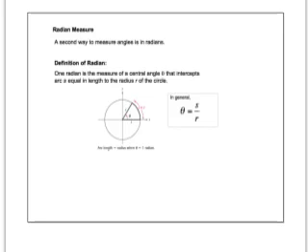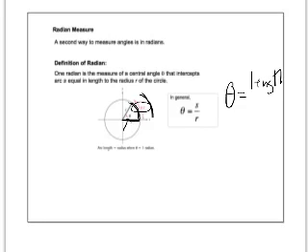1 radian is the measure of a central angle, theta, that intercepts the arc, S, equal in length to the radius. Again, it's showing you this radius, and you notice they're showing right here on your circle that S equals R. So if you have to find this angle measure, all you're going to do is say theta equals S, which is the length of the arc, over the measure of your radius.